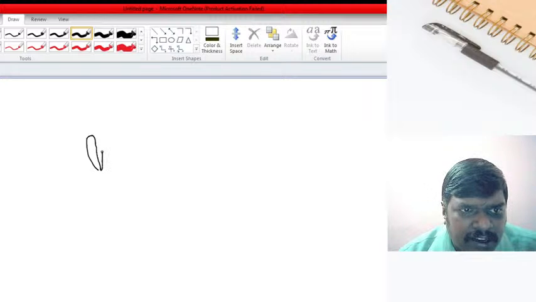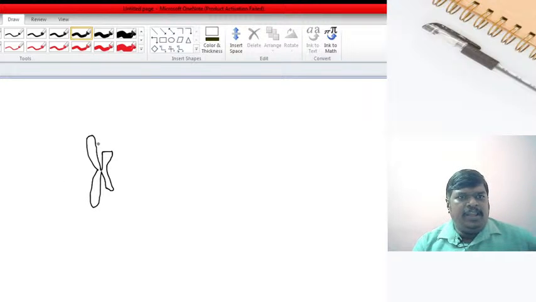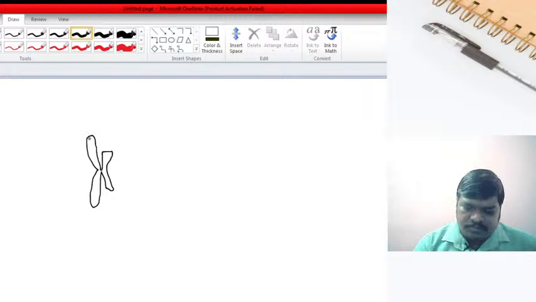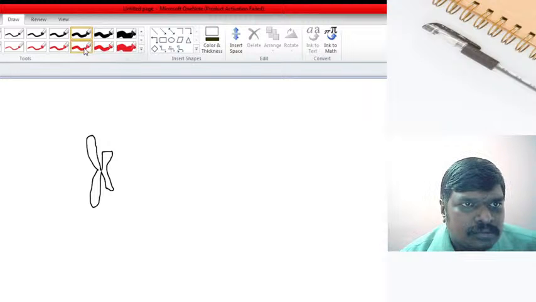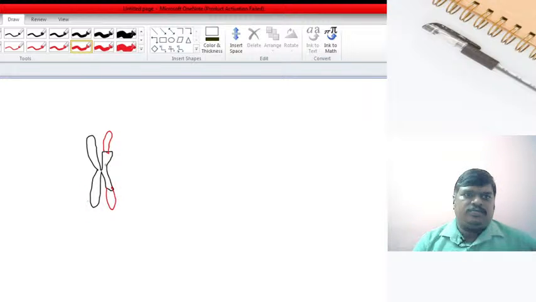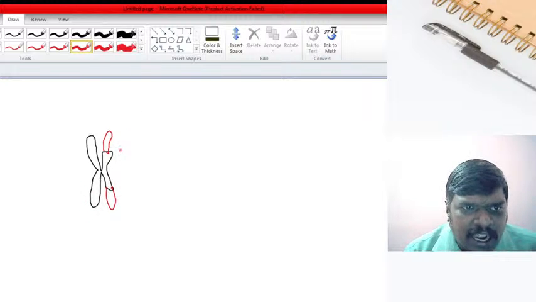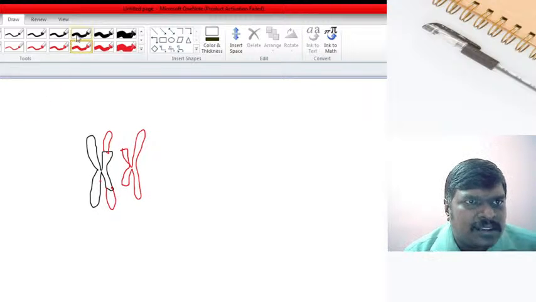One half of the chromatid will be like this, then the next half will be like this. Similarly here, after the exchange, it will be like this.